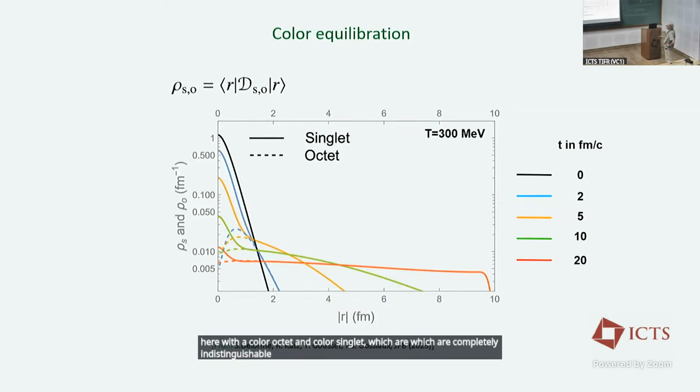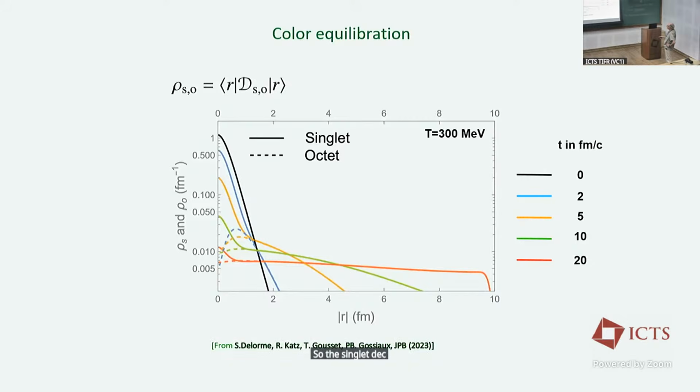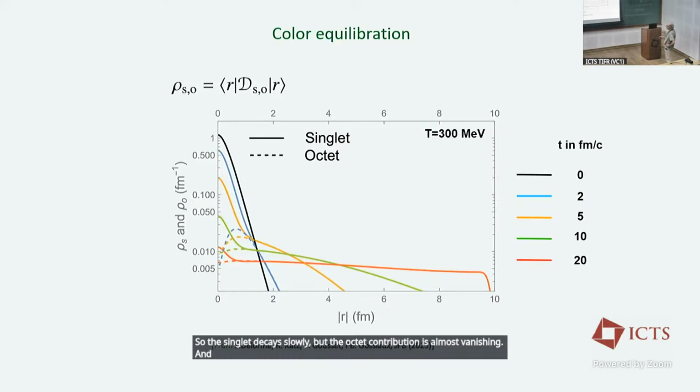And as time passes, the dotted line represents the octet, the full line represents the singlet. The singlet decays slowly, but the octet contribution is almost vanishing. At late time, there is a little remnant of a bound state in the singlet channel, and the octet is completely flat or slightly depleted.